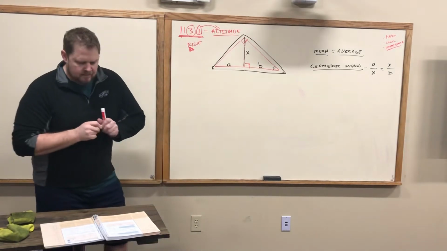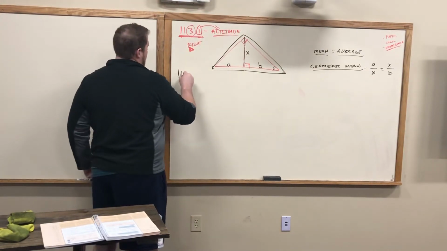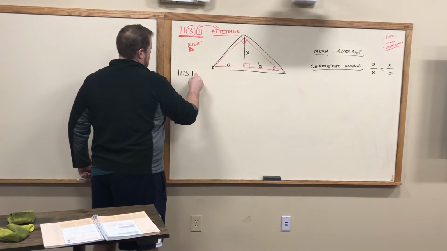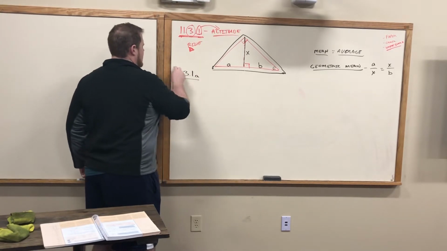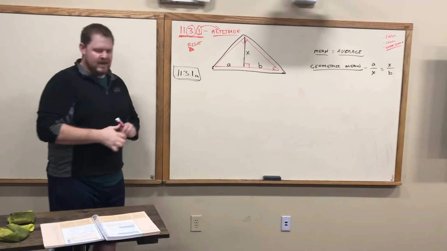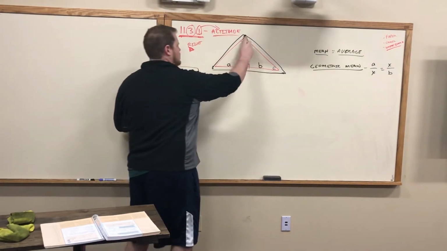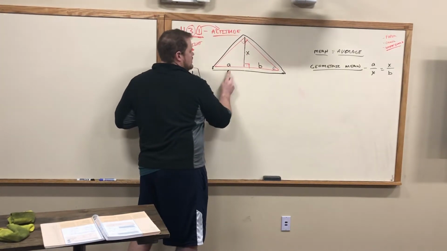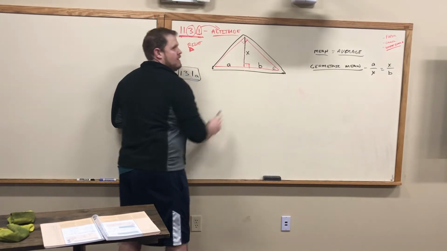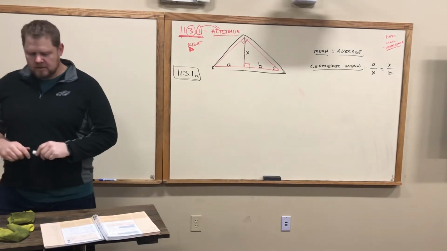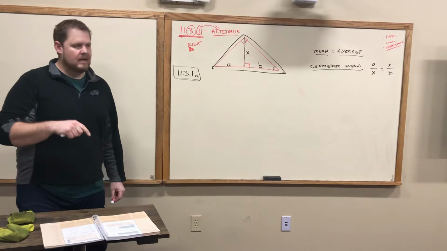Okay, so 11.3.1a is simply going to say that if I have my altitude drawn, it is the geometric mean of A and B.